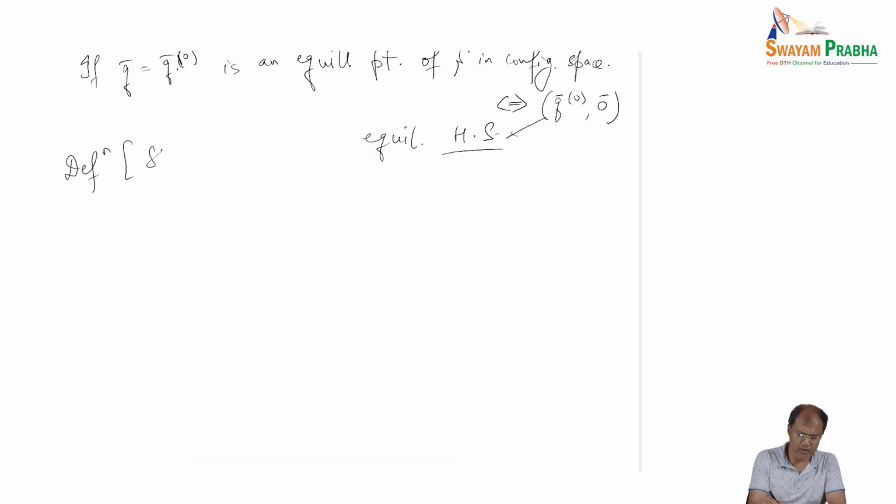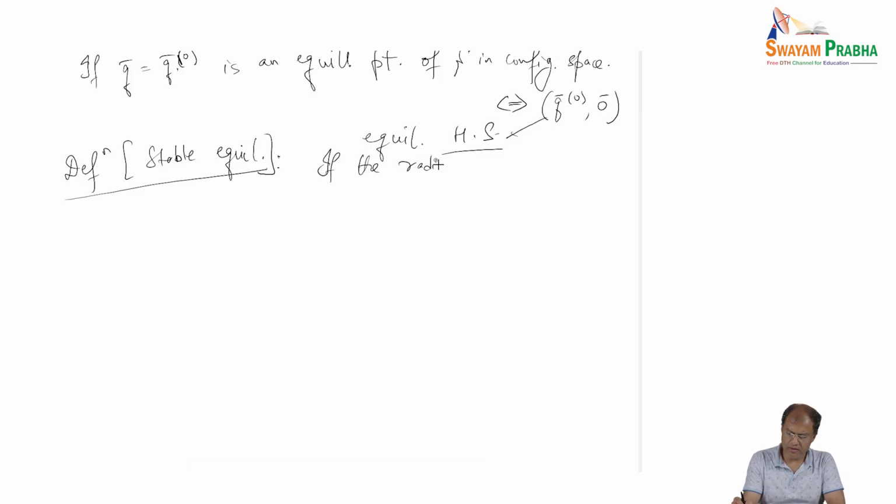So, stable equilibrium. The idea is, suppose we are given a region where the trajectory is starting, let's say this region is C small delta.